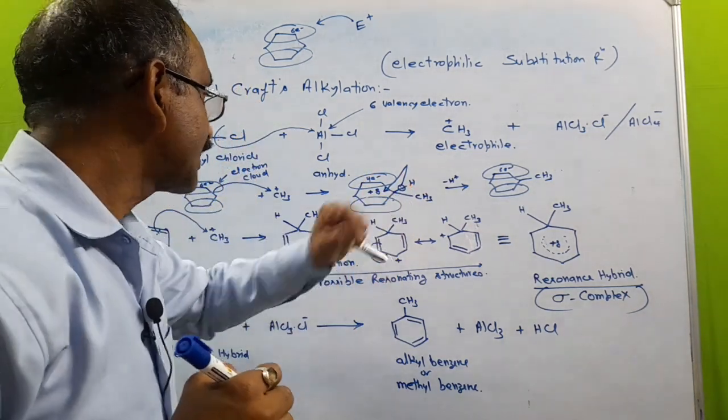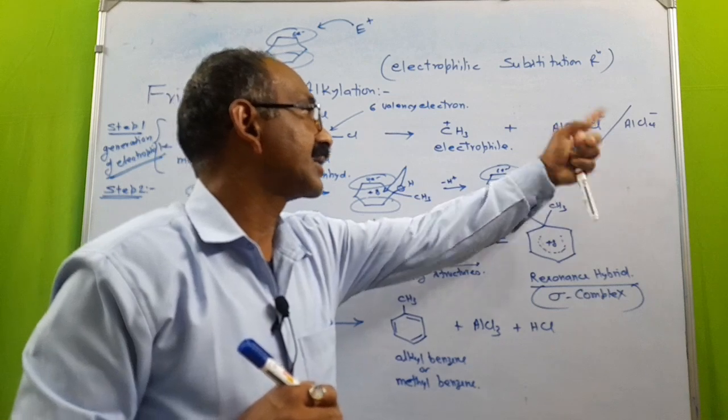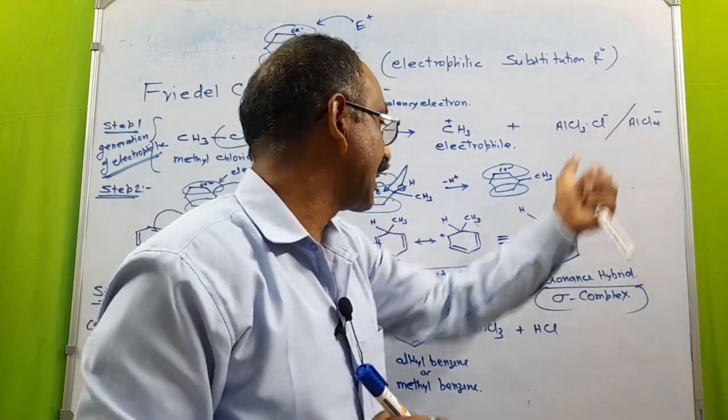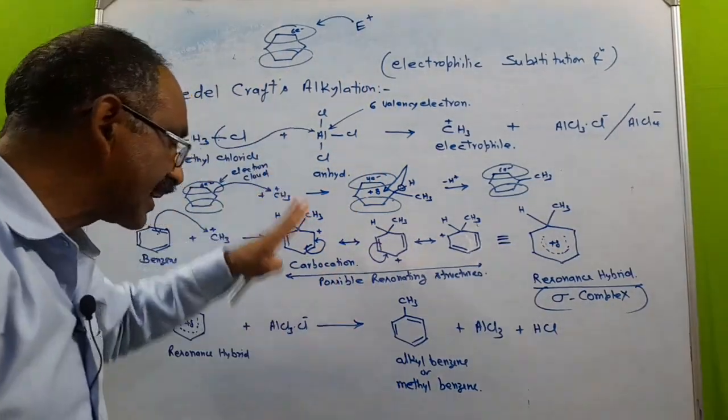Now this H plus will combine with the AlCl3.Cl minus and will set free with the Cl minus in the form of HCl. Is it clear? So this is the mechanism of the reaction.